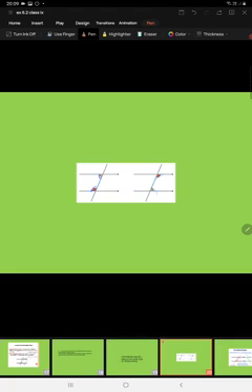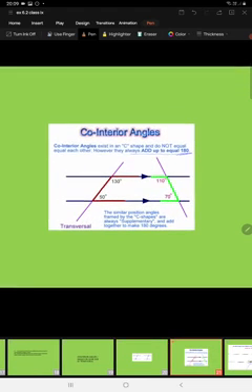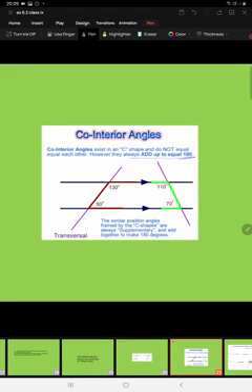So these angles give the shape of the alphabet C. So co-interior angles, when the two lines are parallel and a transversal intersects them, then the pair of co-interior angles so formed will be supplementary. Supplementary means they add up to make 180 degrees. So you have to remember this thing. When the parallel lines are intersected by the transversal, co-interior angles will be supplementary.